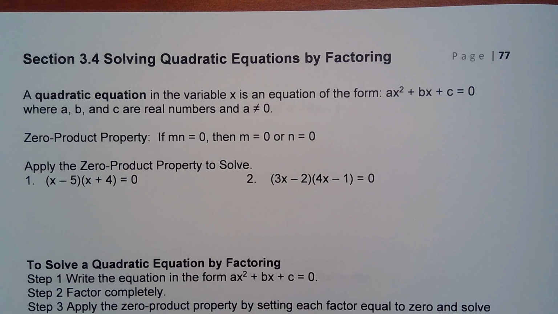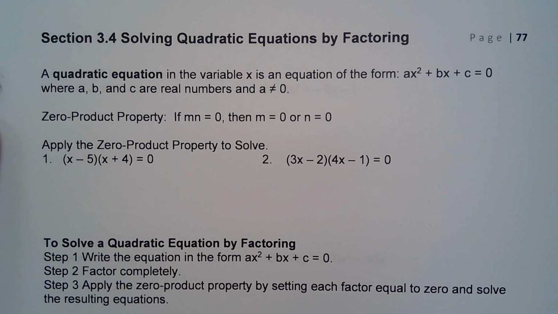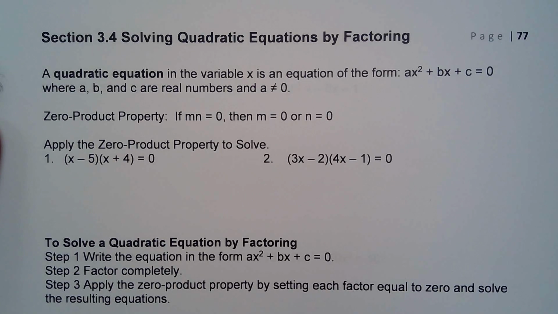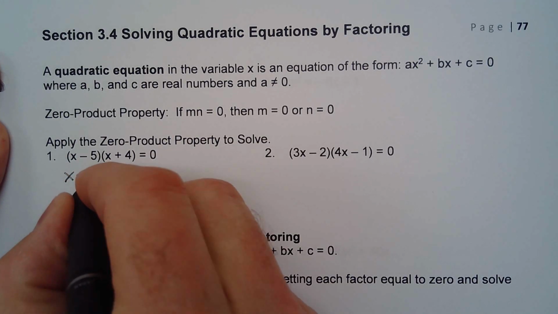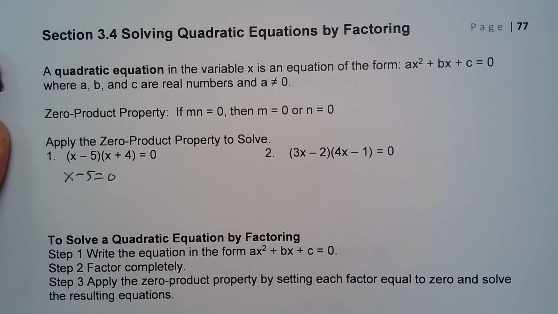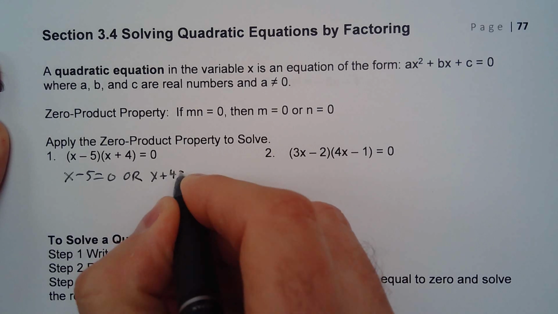So here's how we apply the zero product property. If I know that x minus 5 times x plus 4 is equal to 0, then I know that by my zero product property, x minus 5 equals 0, or x plus 4 equals 0.